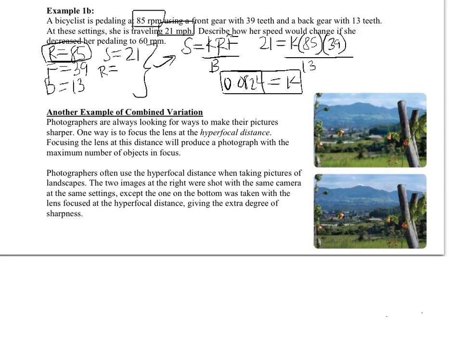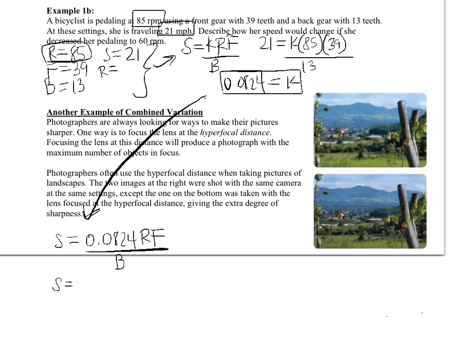Okay, now we're going to write that equation using that new K value. I'm going to do the work down here. So we can say S equals 0.0824. I just plugged in that value for K times R times F divided by B. And then they want to know how her speed would change if she decreased her pedaling to 60 RPMs.